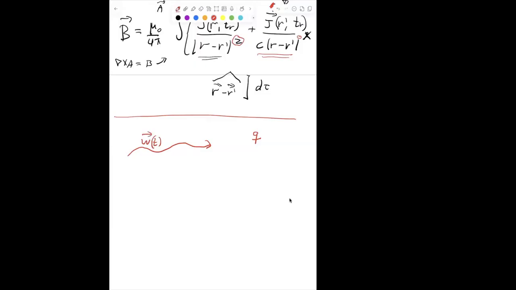Some speed. The simplest case may be, let's say, you go at constant speed at time t. So W is not work, it's the position of the charge. Again, the charge is a point charge.